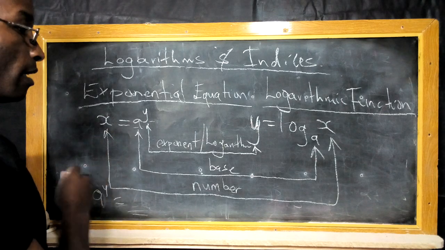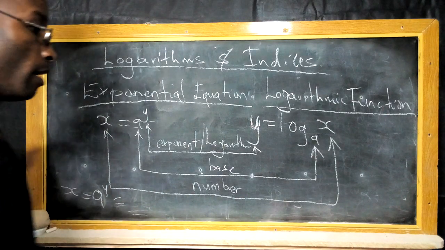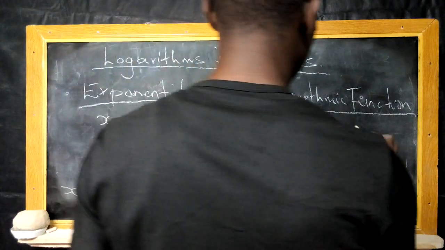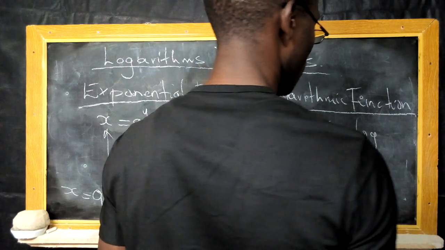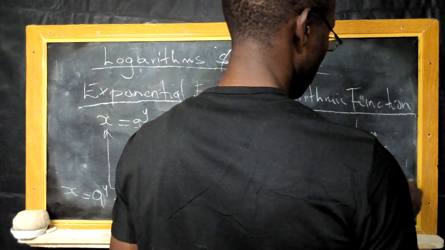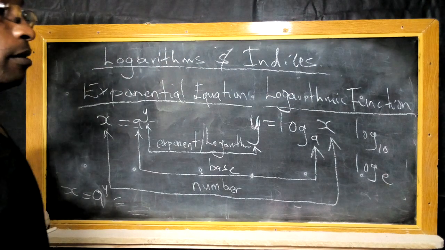So in this case, the x that we are referring to here is a number, and we're going to give some expressions to create an emphasis on that. Generally there is a way in which we express the log to base of a number, and mostly it is given as log to base 10.